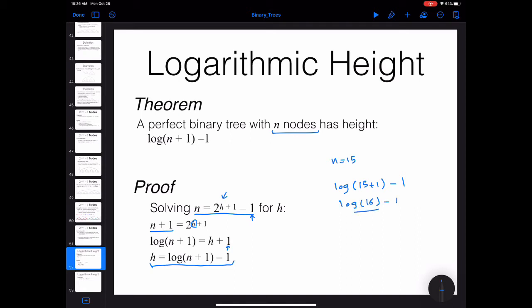This is going to be 4, right? Minus 1, this is going to be 3. The height is going to be 3. And if you actually going to draw it, this is going to look like this. Right, you have 15 nodes, and the height of the tree is 3.